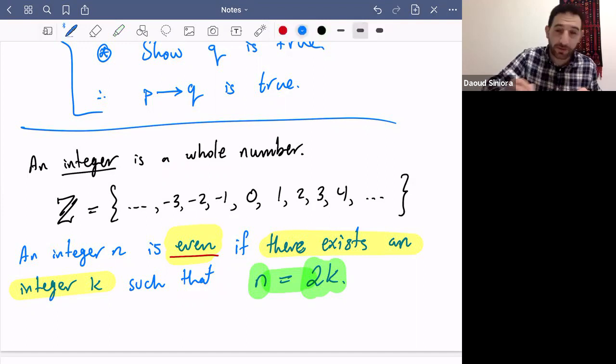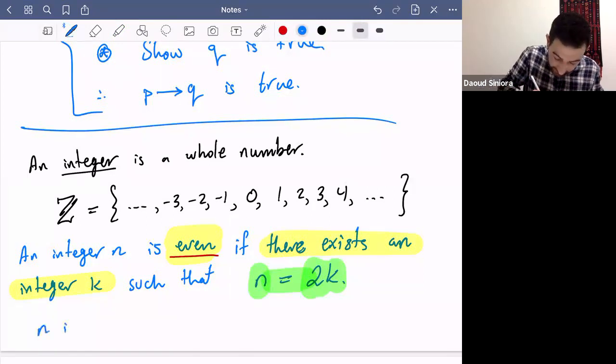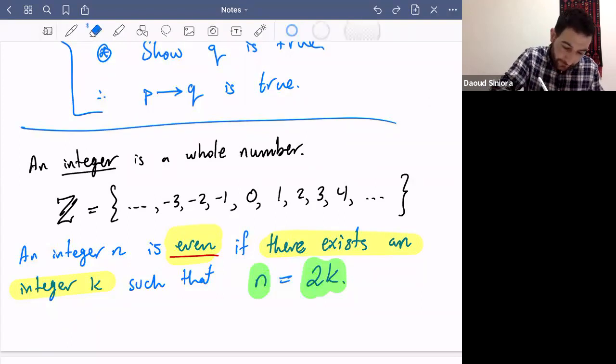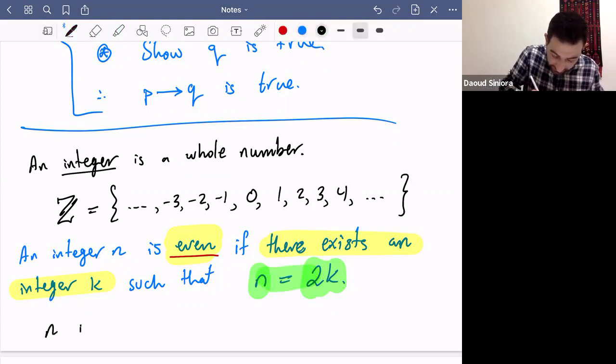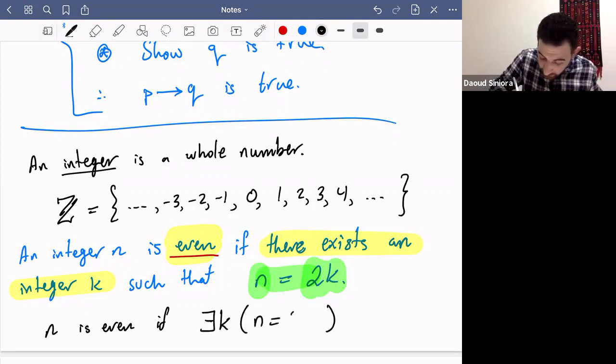So let's try to write it in predicate logic. An integer n is even if there exists k, where k is a variable whose domain is the integers, such that n is equal to 2k.